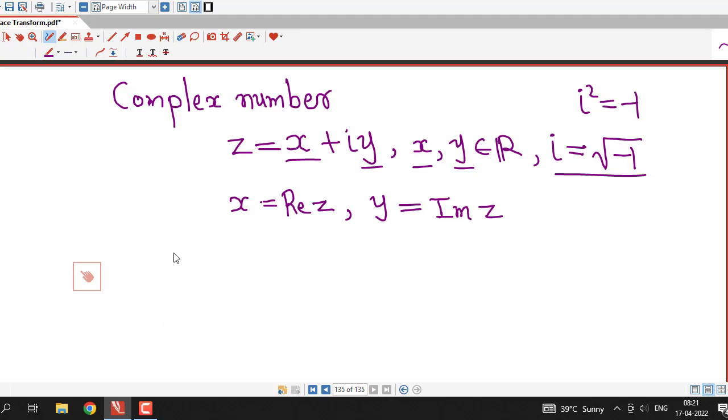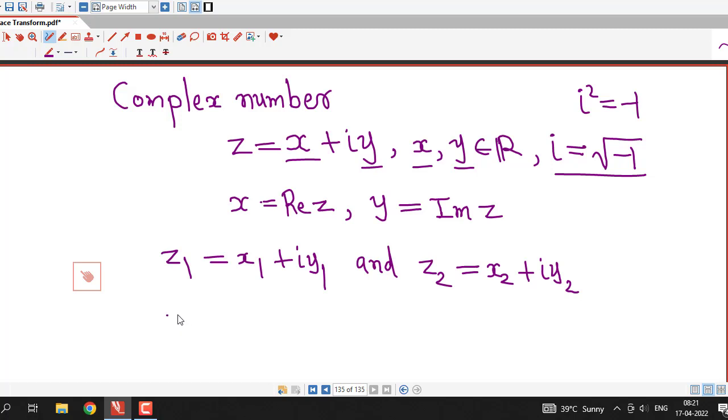Now if we have two complex numbers, say z1 equal to x1 plus iy1, and suppose another complex number is z2 equal to x2 plus iy2, then these two complex numbers z1 and z2 are equal if and only if their real and imaginary parts are equal.